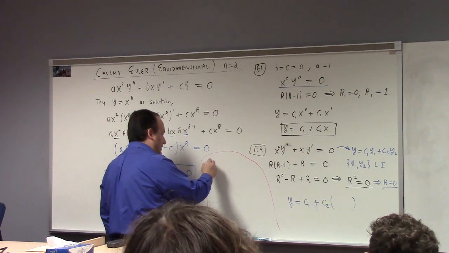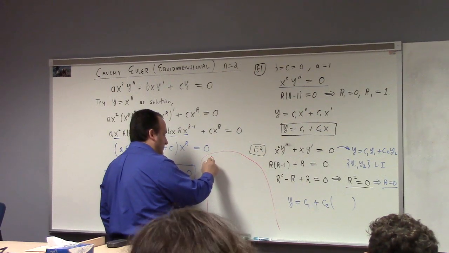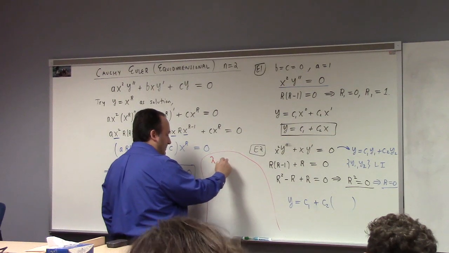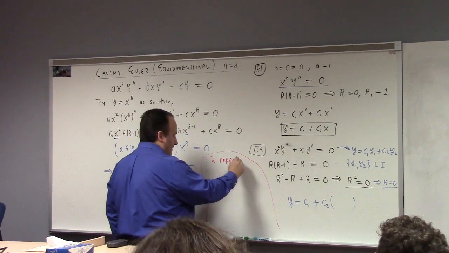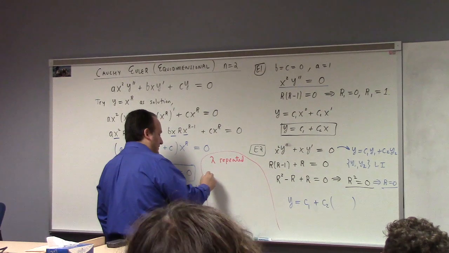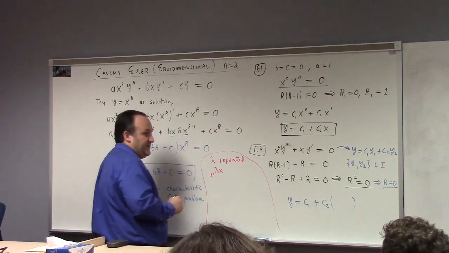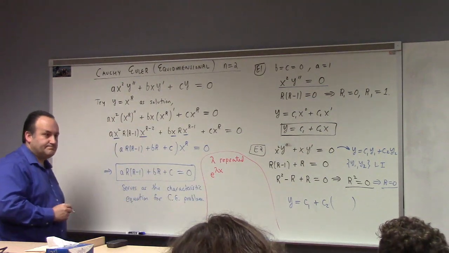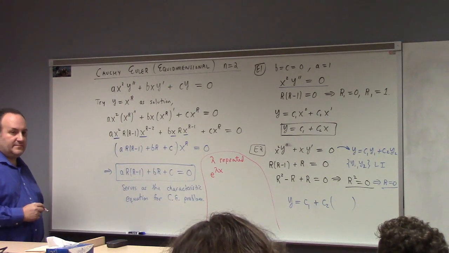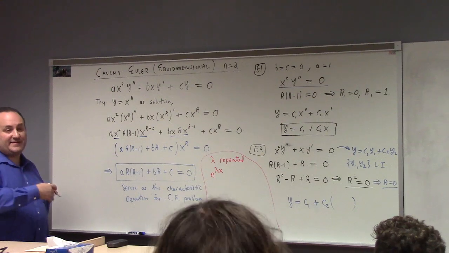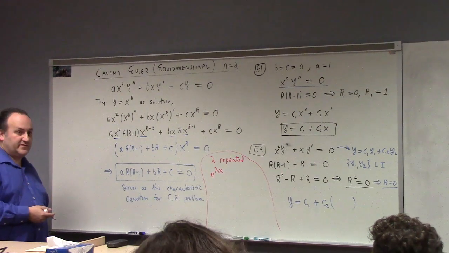So notice that when we had lambda repeated, we start out with, let's say, e to the lambda x. That was our fundamental solution. And you guys remember what we did. It was x times e to the lambda x as the second solution.